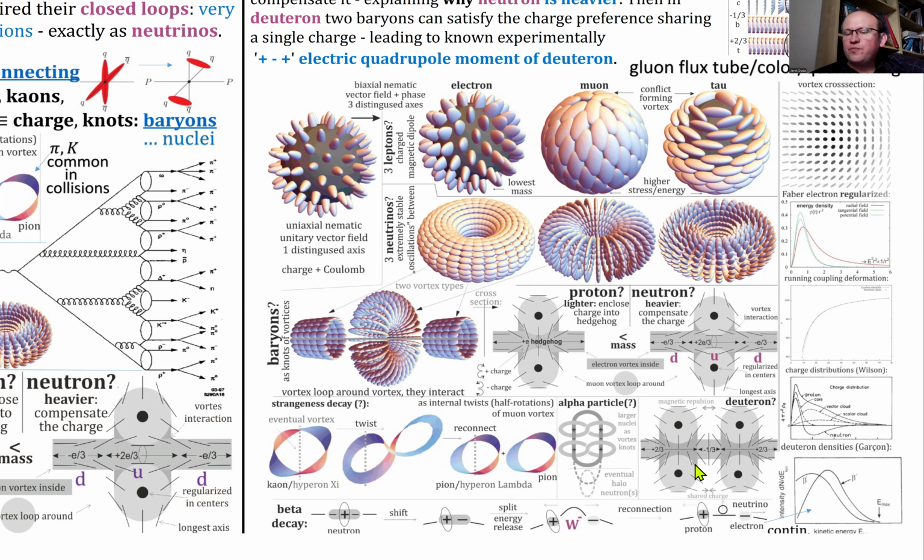Both baryons require charge, and now they share one charge to satisfy this preference for charge, getting the binding. So you get plus minus plus, you get the quadrupole moment as required. Also we get this beta decay between the neutron and proton, producing this kind of neutrino-like structure, releasing part of the energy difference into these quark strings.